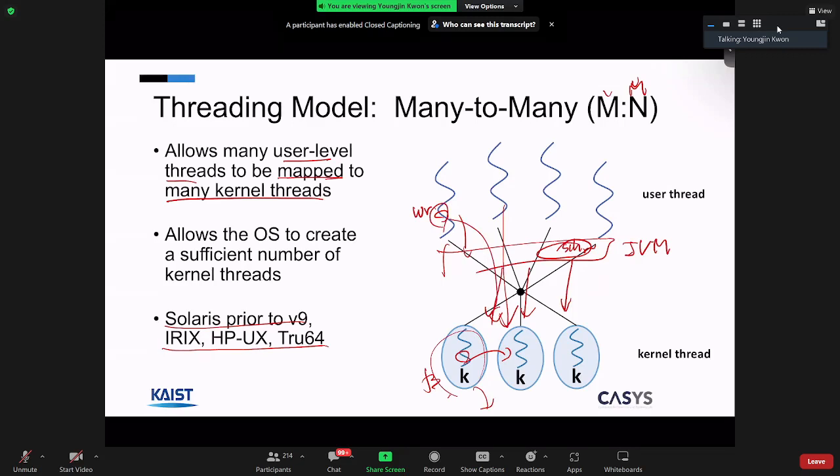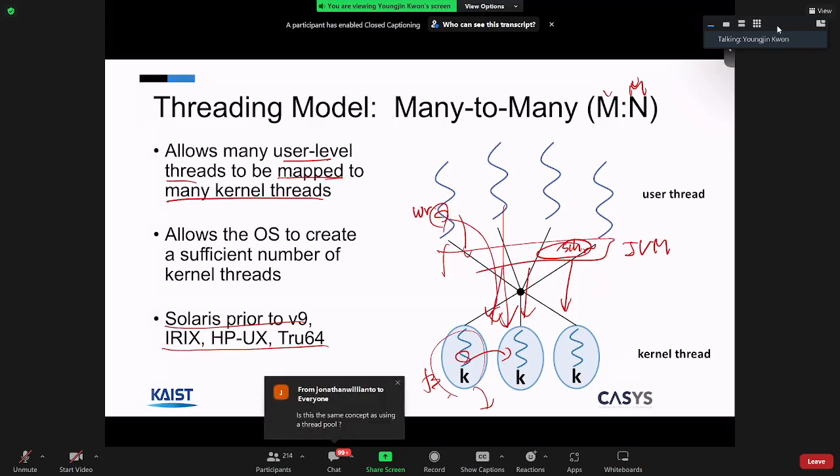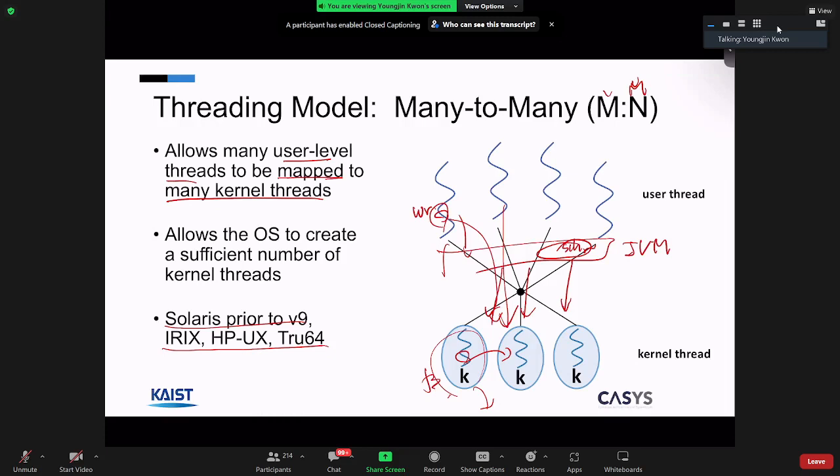Is it the same concept as using a thread pool? No, a thread pool is not the concept of this one, it's different. A thread pool is for when creating a thread takes time, so you pre-create threads in the pool, but they are not actually mapped to running threads. For example, in the many-to-many model, a user-level thread is meant to execute, so all threads have to be executed.